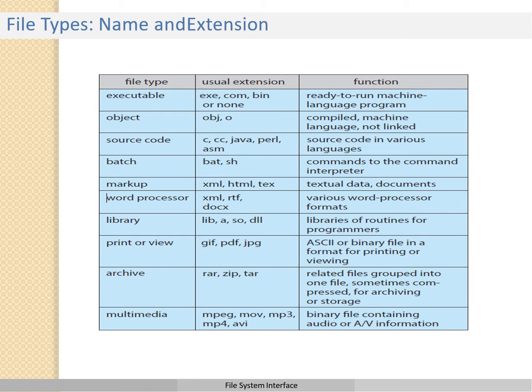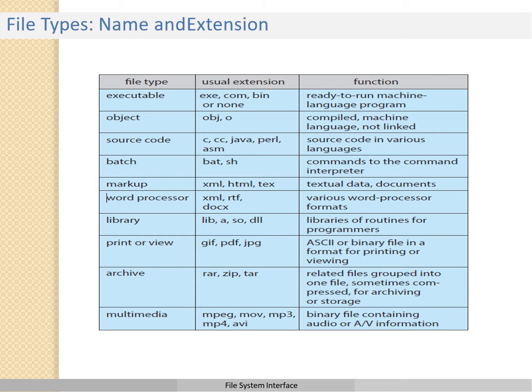Following are the different types of files, their extensions and their functions. We have the executable file, whose extension is .exe or .com or .bin or none. It is a ready-to-run machine language program. We have object files, represented by the .obj or .o extension.